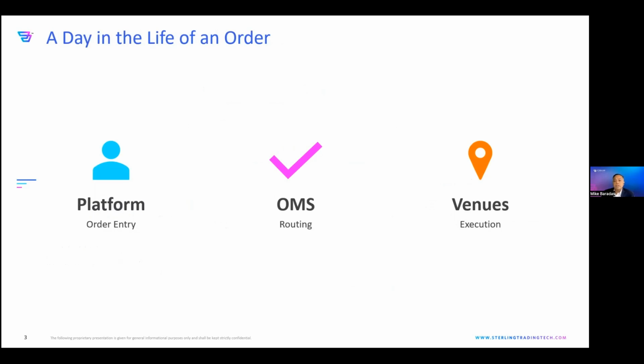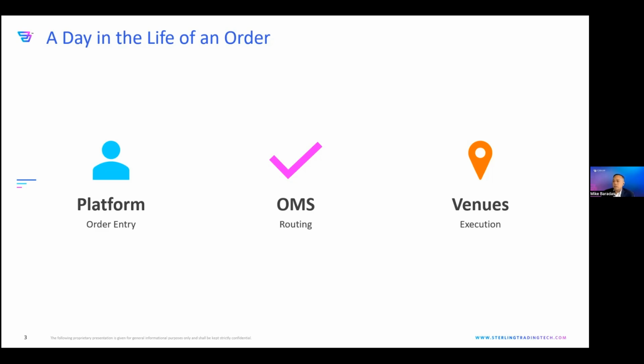So the order is entered, and typically it will route to an order management system, an OMS, whose primary role is to route the order to get executed, and that order can be routed to an exchange, could be routed to a trading desk, or it could be another liquidity provider, or an alternative trading system.